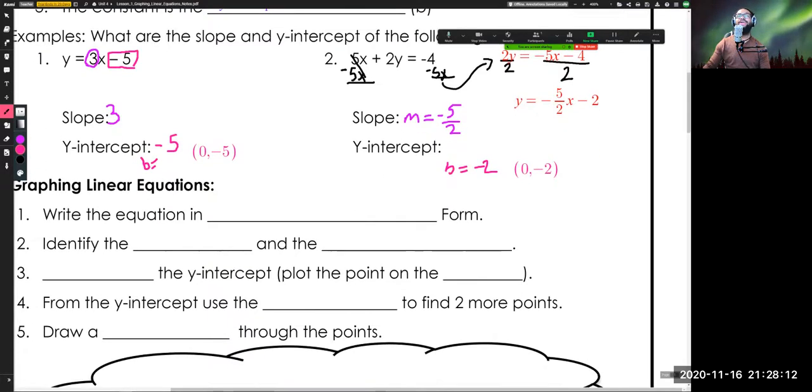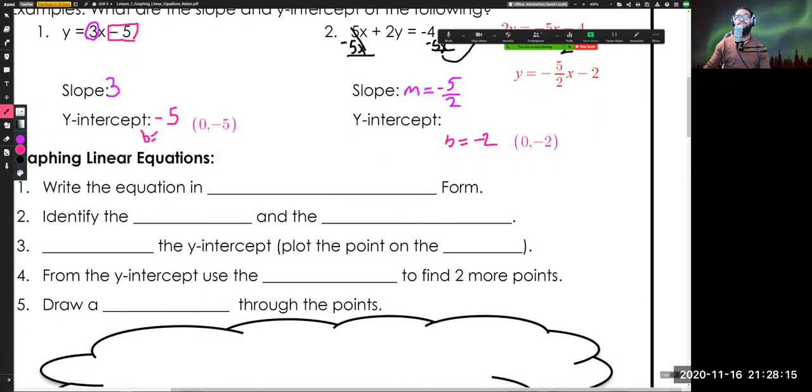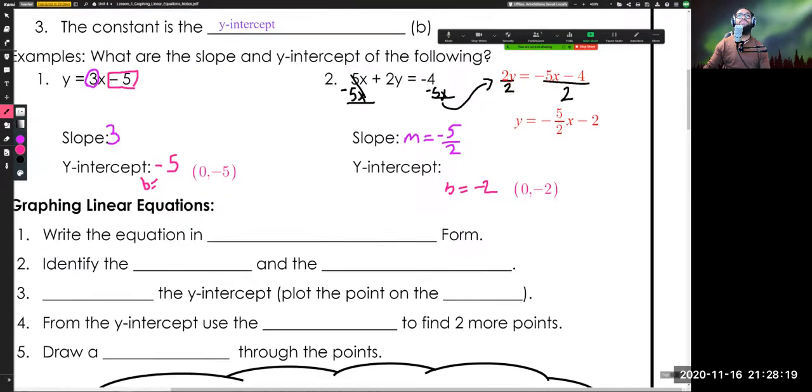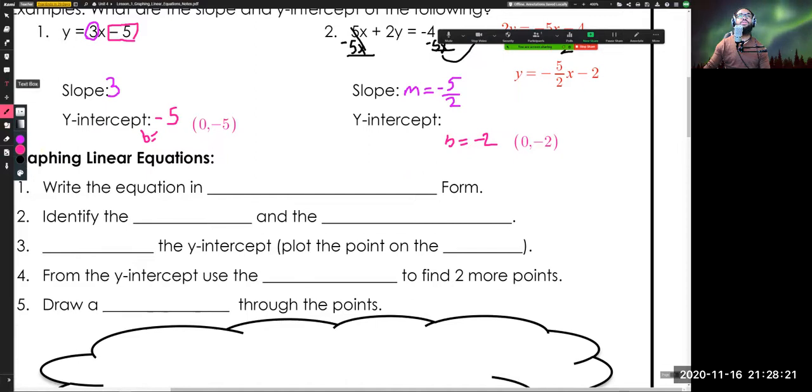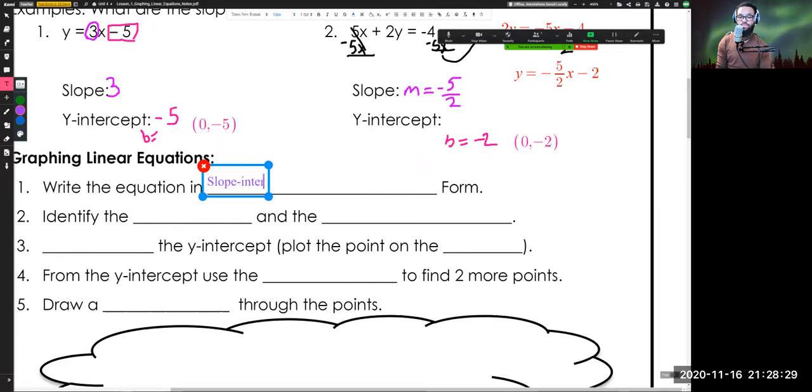All right. Now, when we're looking at graphing linear equations, our first step is to write the equation in slope-intercept form, which is y equals mx plus b.